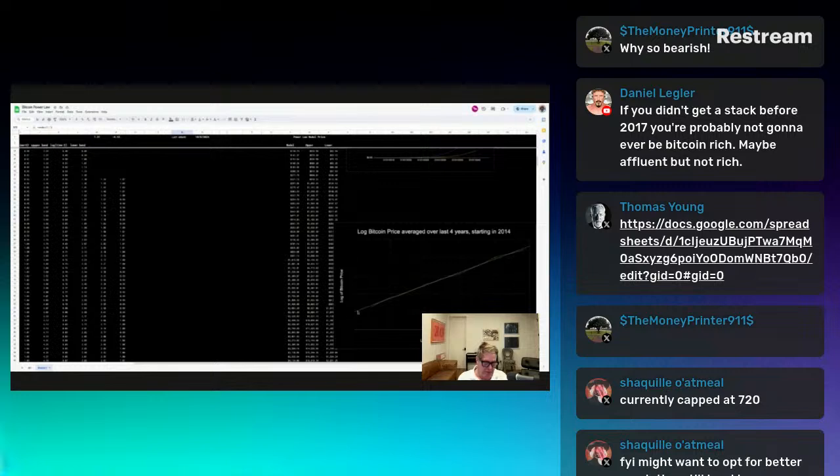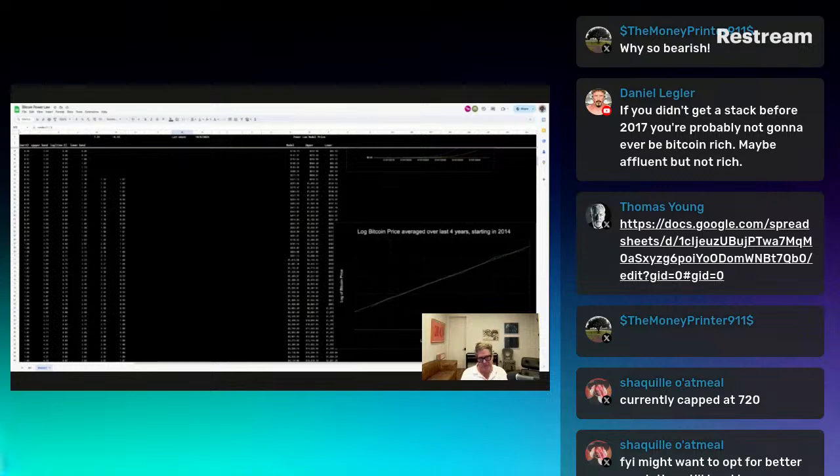So if you think that this is going to change in the next 4 years, I don't think so, or the next 10 years. This thing seems like it's going on a completely deterministic path. So I really have very strong belief that the log of Bitcoin price is going to do this. What Bitcoin price does next week, next month, next year even, I don't know. But I do believe in this. You average it out over 4 years, you get this.